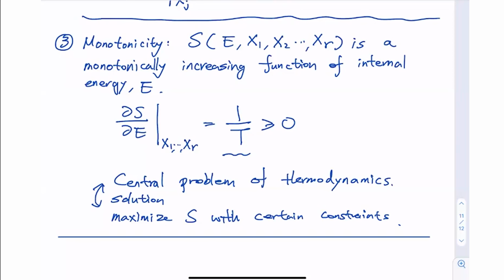And in order to get a solution of that, you need to define an abstract function which is called entropy. And then by maximizing this entropy, at this moment you don't know what the microscopic meaning of it is, but you will find the solution to this thermodynamic problem.